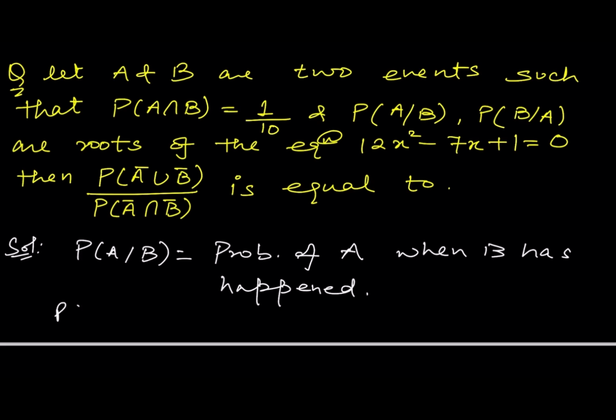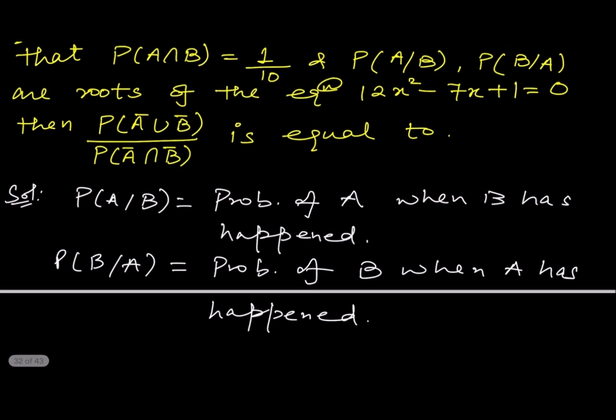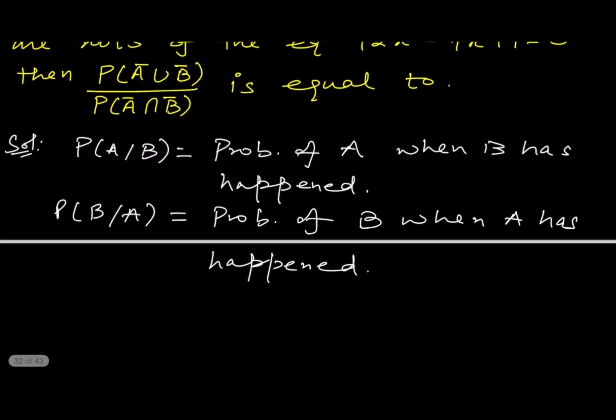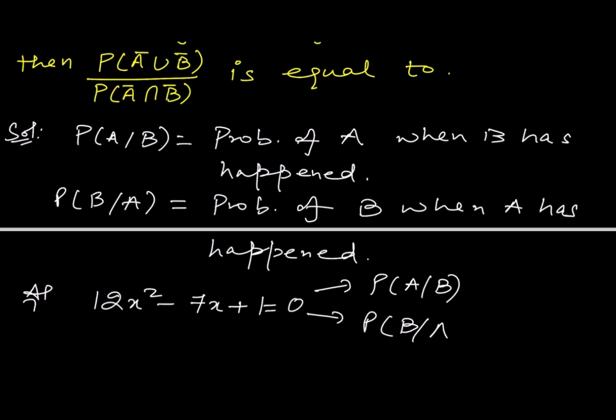And P(B|A) is the probability of B when A has happened. Now it is given that the roots of 12x² − 7x + 1 = 0 are P(A|B) and P(B|A).